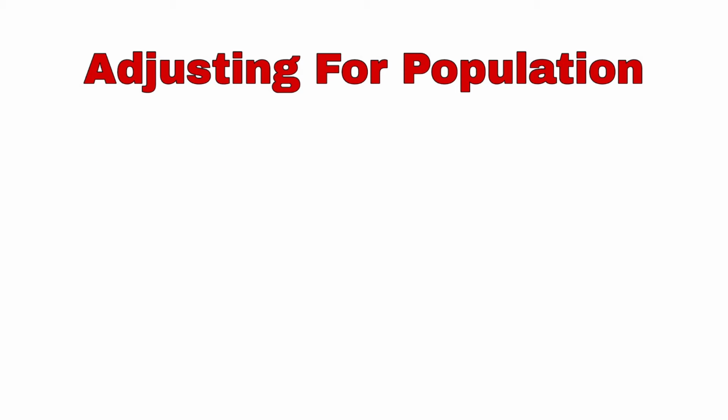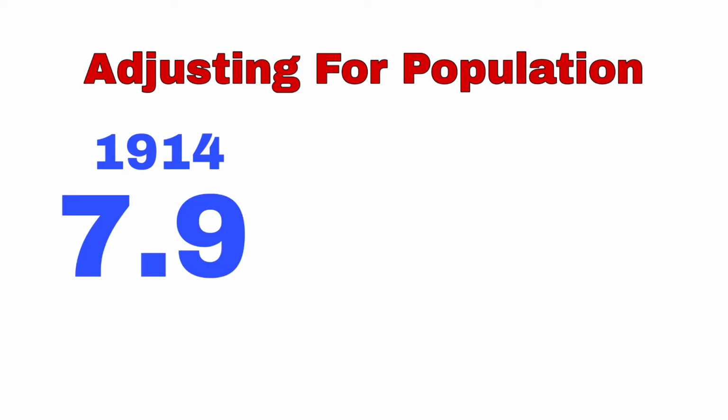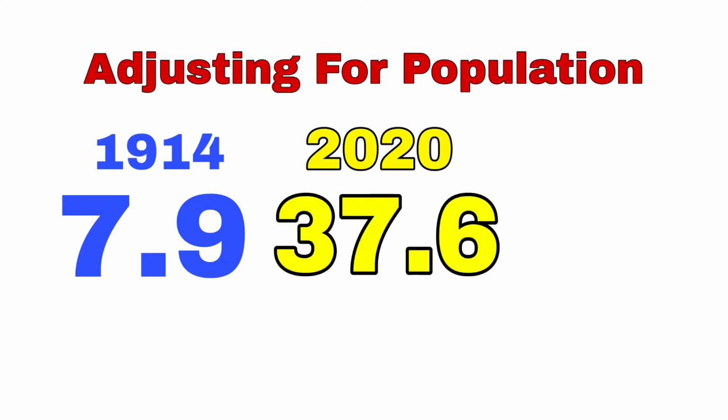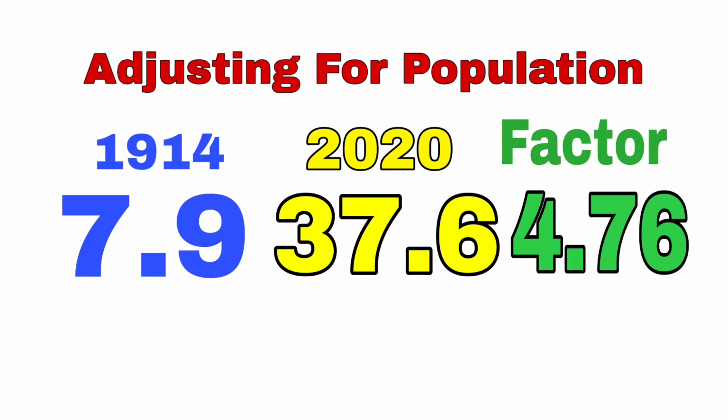So adjusting for population. We've got 1914. In millions, we had a total population in Canada of approximately 7.9 million. And then in 2020, we now have approximately 37.6 million. So the factor of the difference for the population that's increased is 4.76 times.